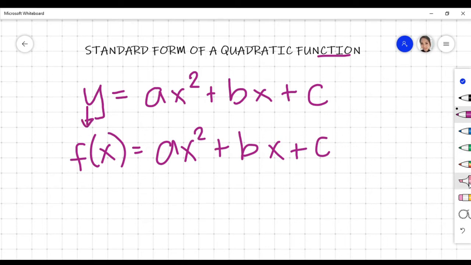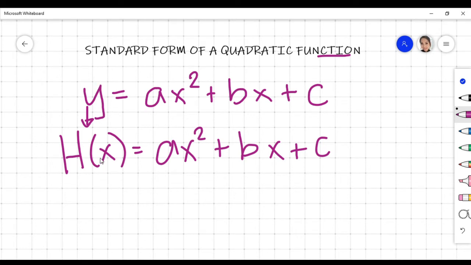Sometimes we can replace f here as g of x, or it can also be replaced as h of x. It depends on the name of our function.